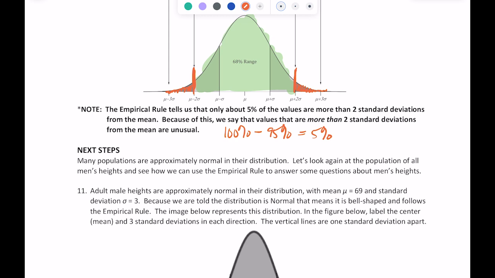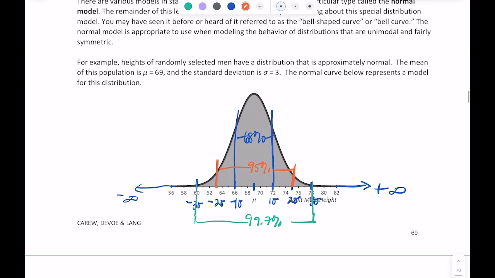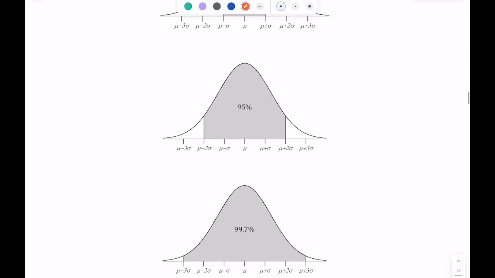So the 5% represents this tail and the area under this tail, which of course goes on forever. So that would tell me that 5% of male heights would be more than whatever that value was. I think it was 75. So more than 75 inches and less than 63 inches.